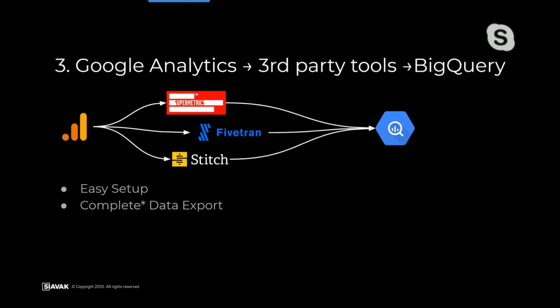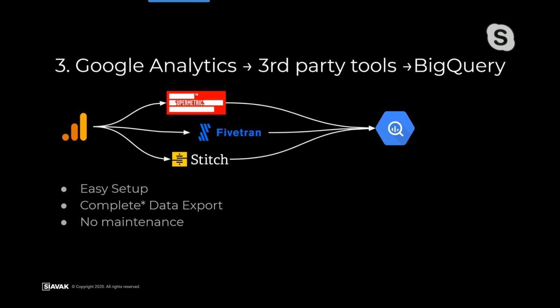Some of these tools do a complete data replication. Supermetrics for BigQuery does that. Fivetran does that. But when using Stitch data, just like the previous method, you need to define the actual dimensions and metrics that you want to replicate. There's almost no maintenance needed.